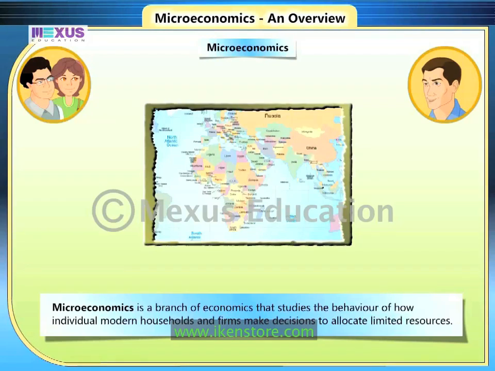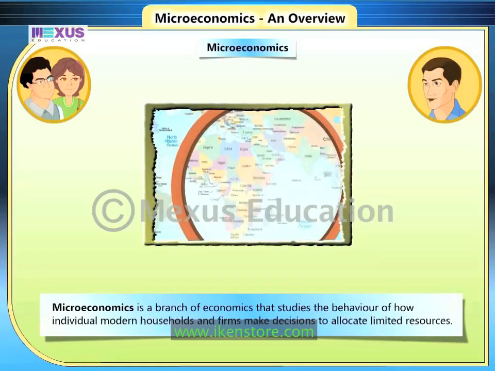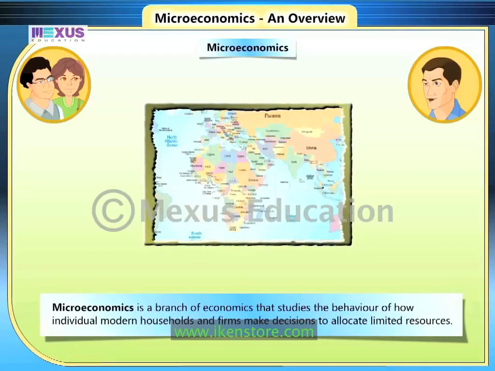Macroeconomics compares a country with the world. Against this, microeconomics talks about a small component of a country. Unlike macroeconomics, which deals with studies on a larger scale, microeconomics deals on a smaller scale.